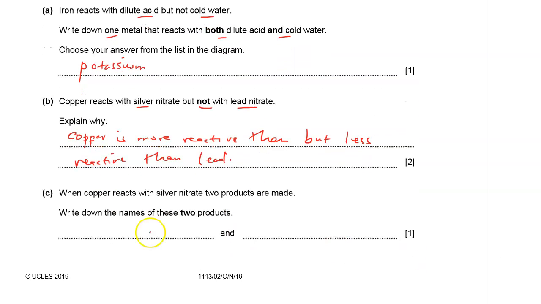C. When copper reacts with silver nitrate, two products are made. Write down the names of these compounds. Of course, we have copper plus silver nitrate.